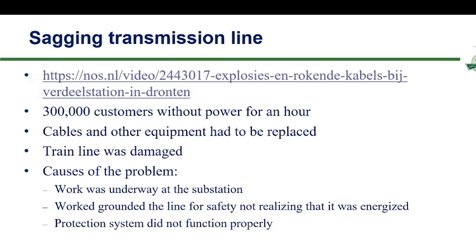The root causes of the problem are also outlined. Maintenance work was being carried out at the substation, and although grounding was applied for safety, the workers were unaware that the line was still energized. Additionally, the protection system failed to operate correctly, which allowed the fault to escalate into a major outage.